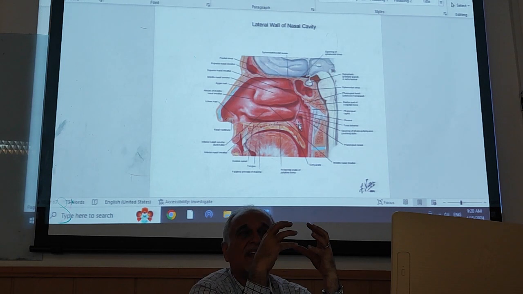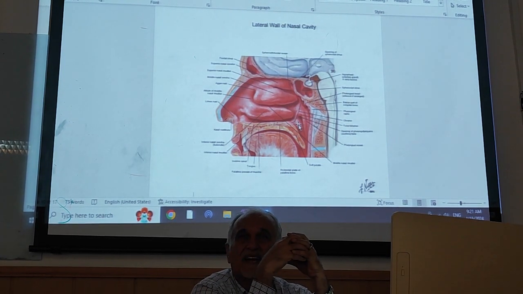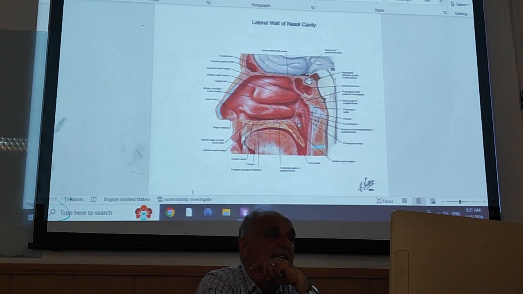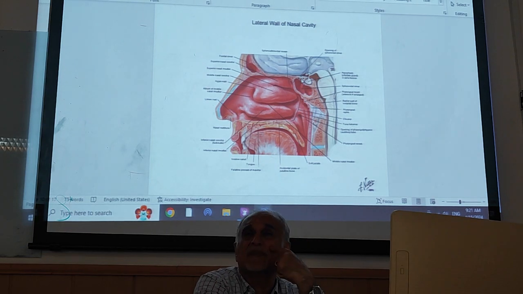Pneumatic bones. They have empty space that is covered by the mucosa. Sphenoid. Here you can see the empty space of the body of the sphenoid that is filled by mucosa, and especially for the maxilla and frontal.